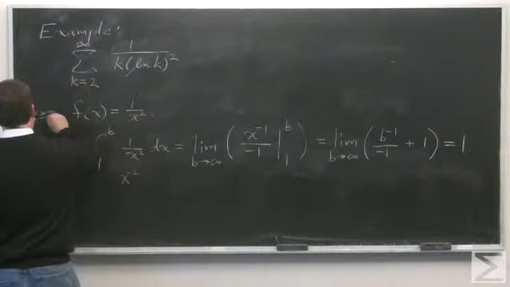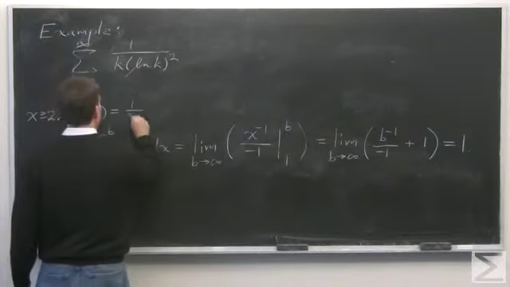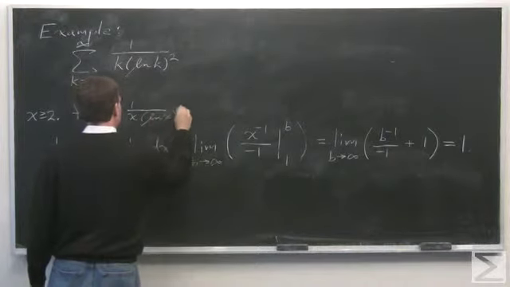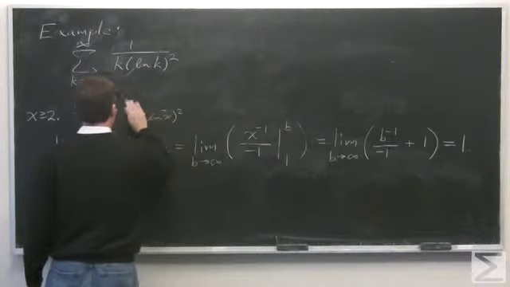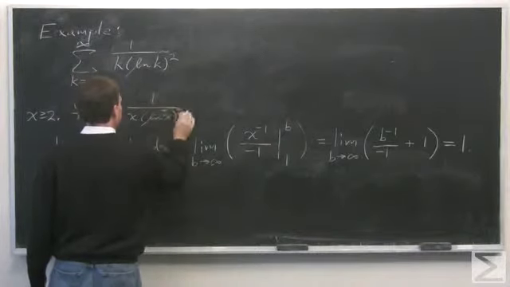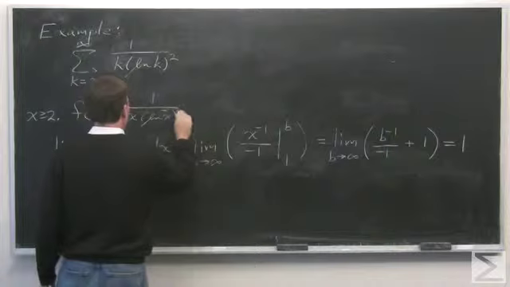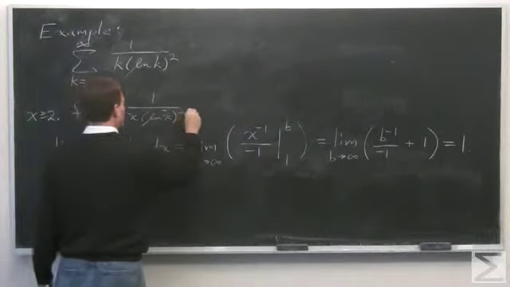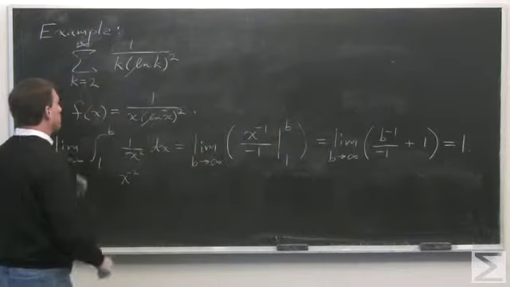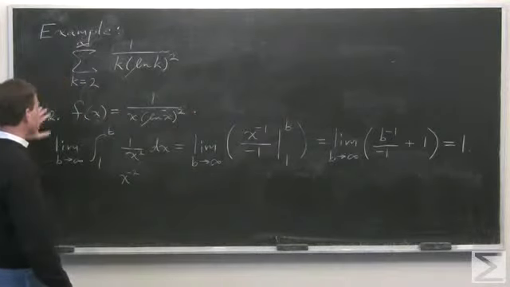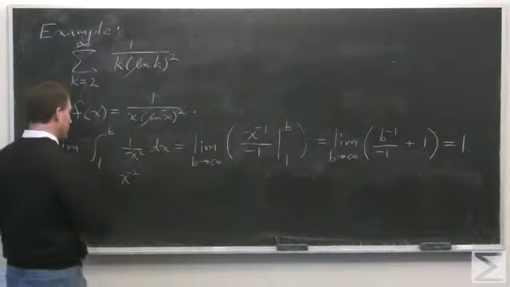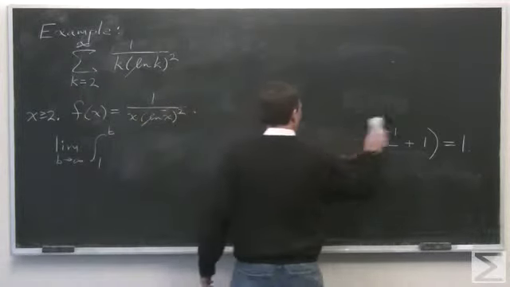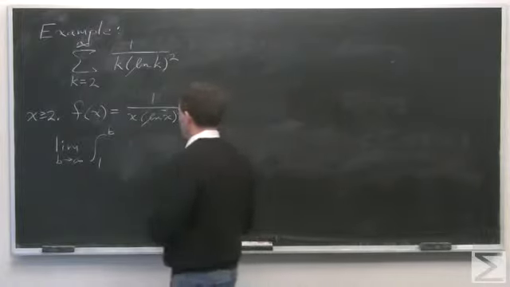Well, for x greater than or equal to 2, you look at 1 over x times the natural log of x squared. Again, this is greater than or equal to 0, and it definitely decreases because the denominator is an increasing function of x, because ln of x is increasing, x is increasing. And so the convergence or divergence of this is equivalent to the convergence or divergence of this integral.